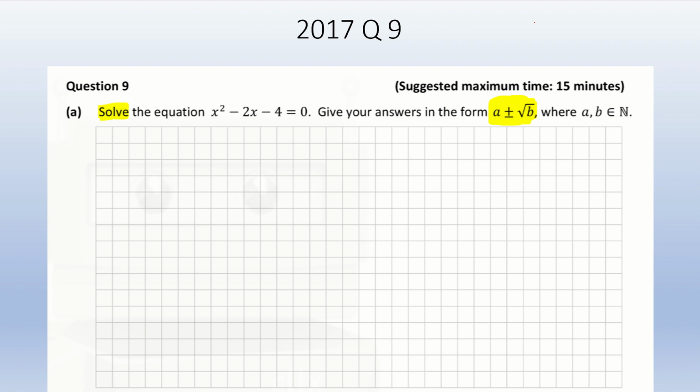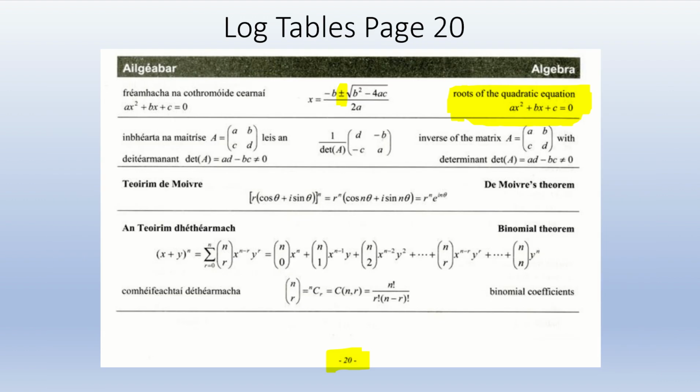So for using our quadratic formula, we need to know what's a, what's b, and what's c. And for that, we're going to use, again, this part here.